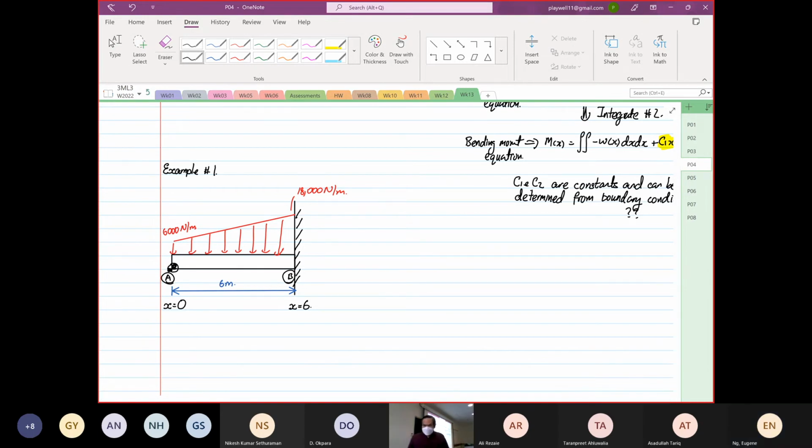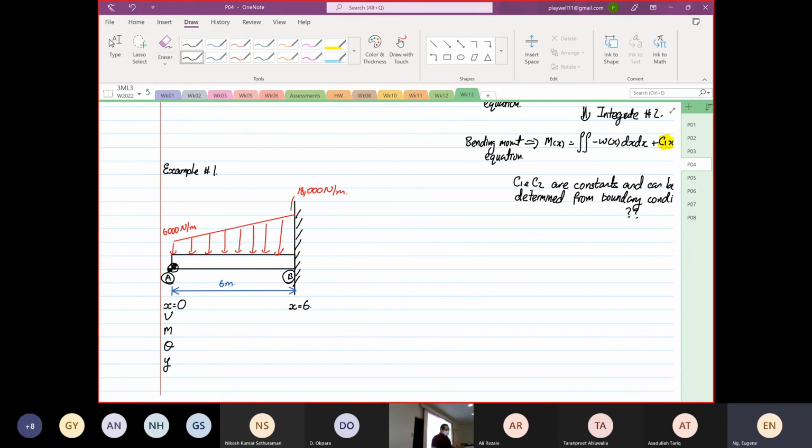I want you to label in this sequence: V, M, theta, Y. Remember this sequence.